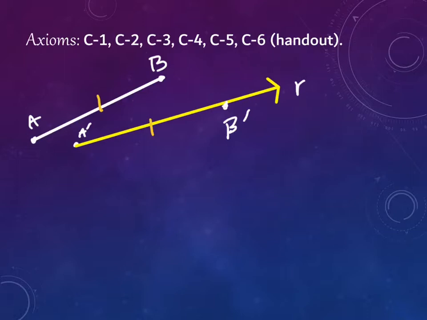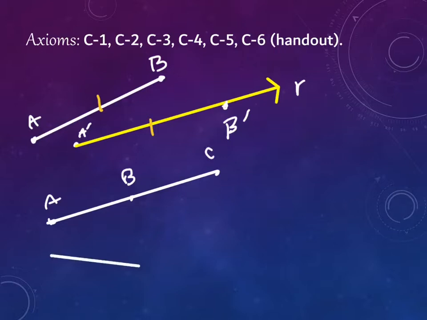Let's see, axiom C3 says if A star B star C and A prime star B prime star C prime, if AB is congruent to A prime B prime and BC is congruent to B prime C prime, then AC is congruent to A prime C prime. So if we have these segments, and we can draw them that way for betweenness, because we're talking about the segment lengths and distance, and we have on here A, B, C. Is that the order we had them in? Yeah.